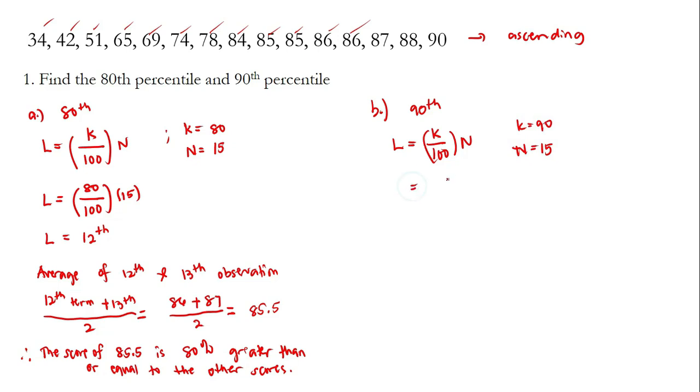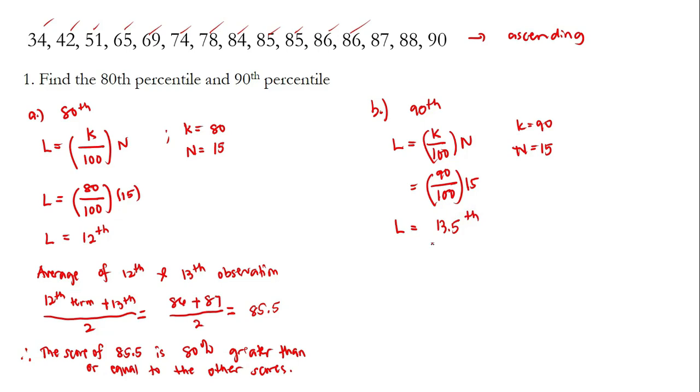So K is 90 divided by 100 times 15. What is L? 90 divided by 100, we have 0.9, times 15, we have 13.5.